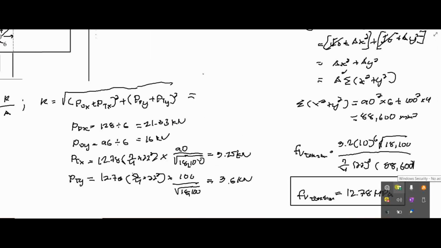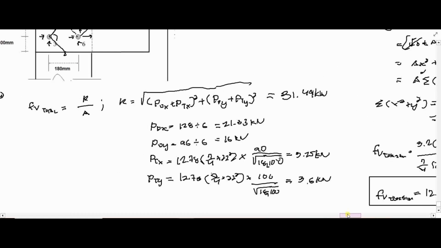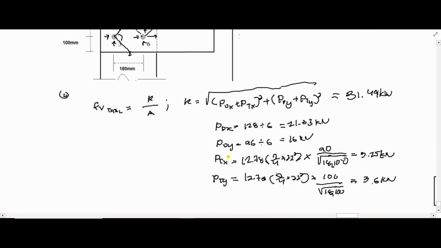Okay, so our calculated value here is 31.44 kilonewton. Right? So that's our critical reaction. So if we substitute that, that's Fv total. It is 31.44 times 10 cubed over area, pi over 4 times 22 squared.